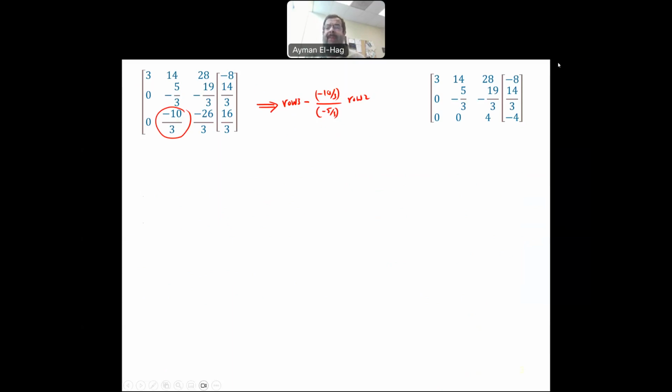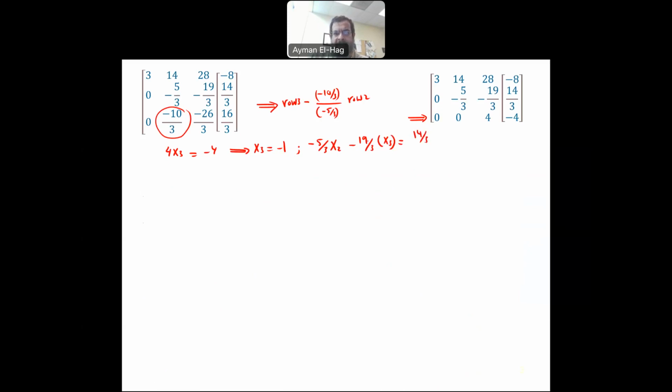Now I will start the back substitution starting from the third row. Basically here I will have 4 times x3 equal to minus 4. So from this, your x3 will equal minus 1. Same thing, now we'll go for the second row. We'll have minus 5 over 3 x2 minus 19 over 3 x3 equal to 14 over 3.